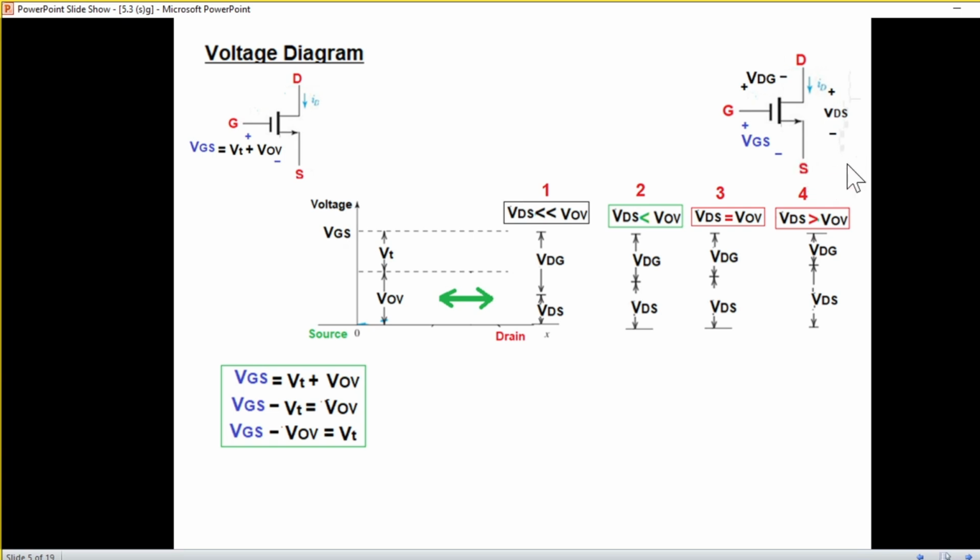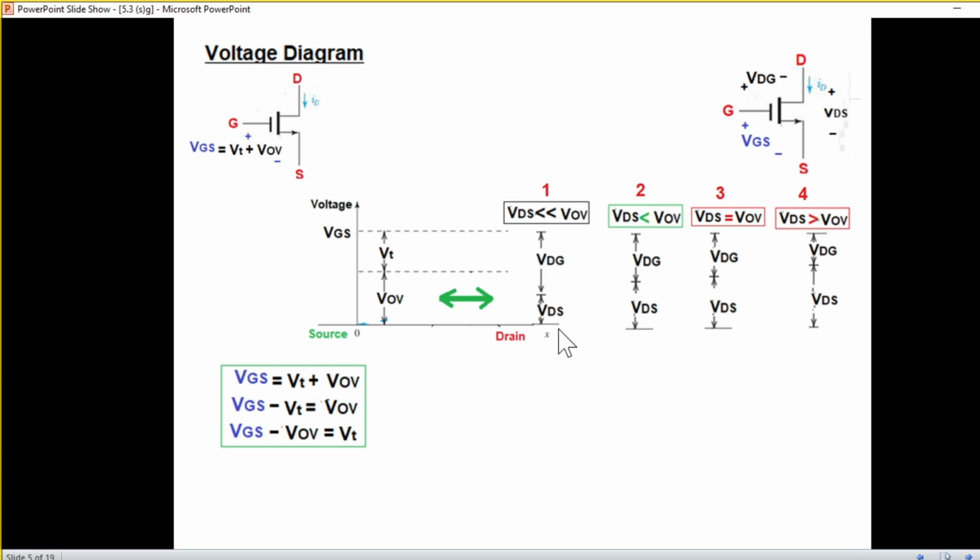As in case of a transistor, we know that the sum of the three voltages equals 0. So from here also we can say that VGS is actually the sum of VDG plus VDS.